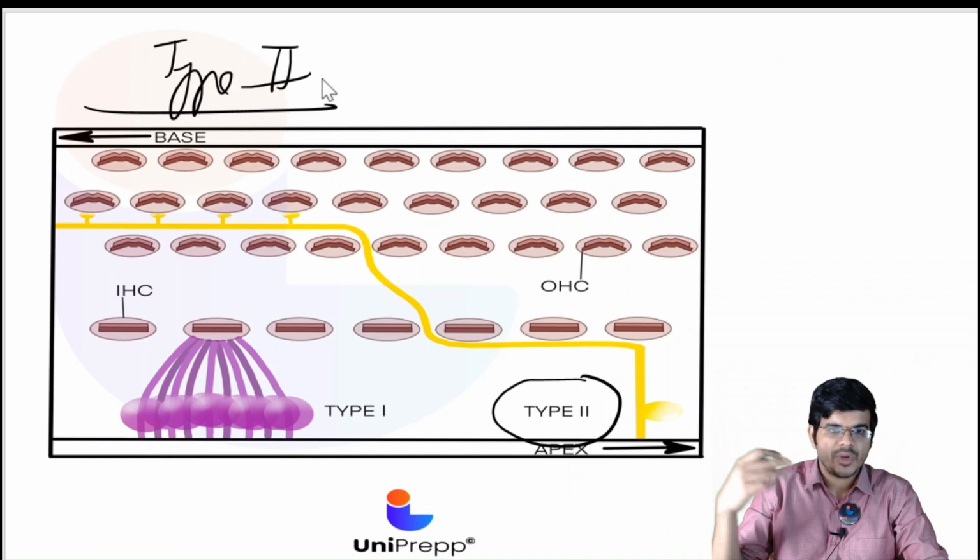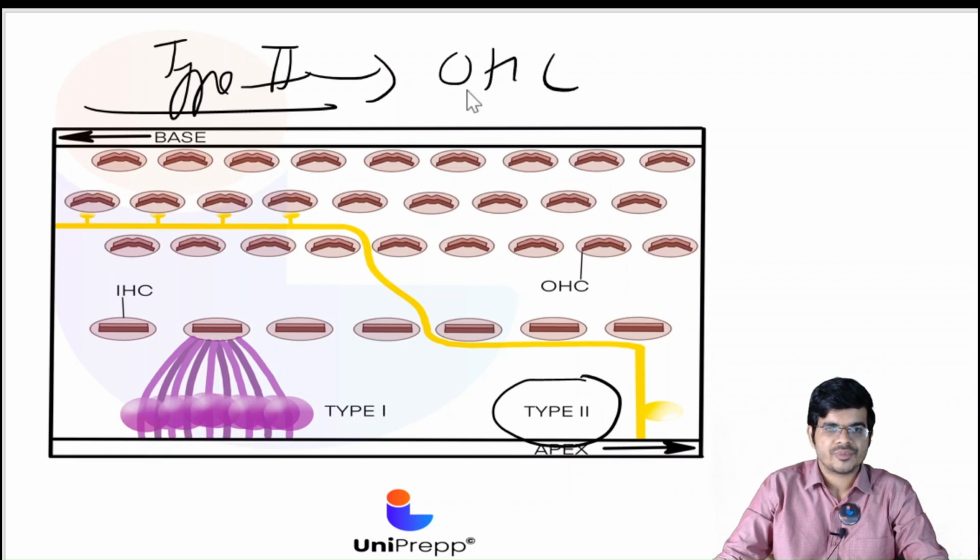Inner hair cells are similar to the type 1 cells. So similarly, the type 2 nerve fibers branch into multiple branches and innervate the outer hair cells, and the inner hair cells are innervated by the type 1 fibers.